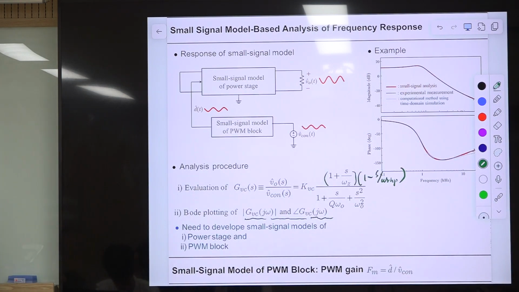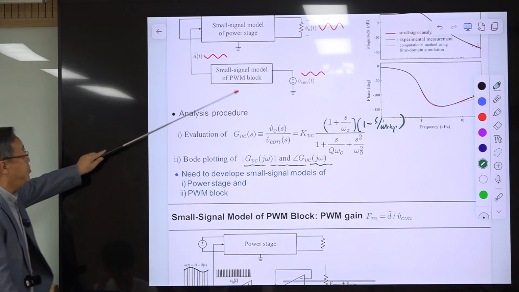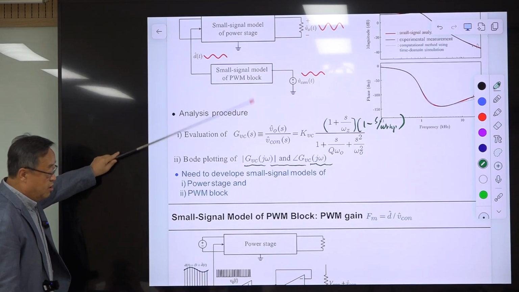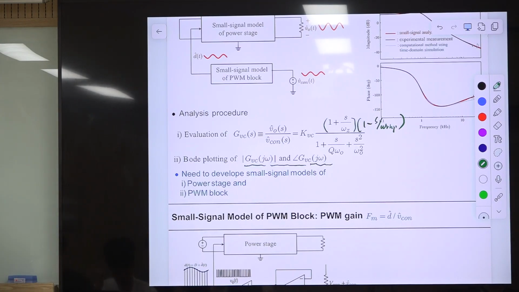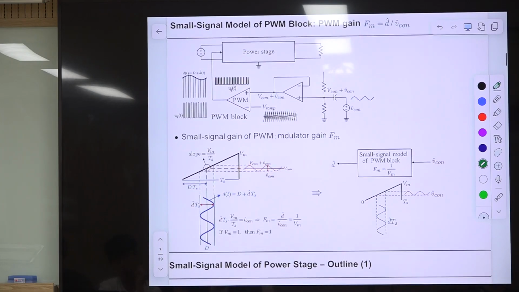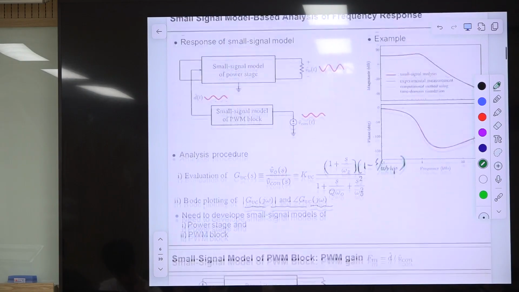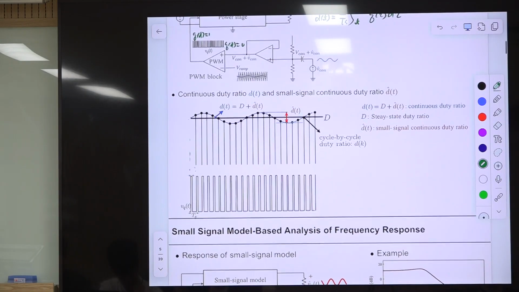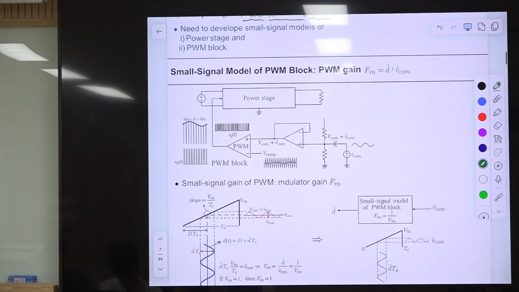For that, we need the small signal model of the power stage and the PWM block. We are not discussing, we are just reviewing the previous knowledge, but I selected this simple approach. This is a very intuitive and easy approach to understand everything.